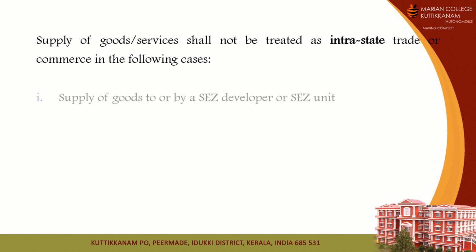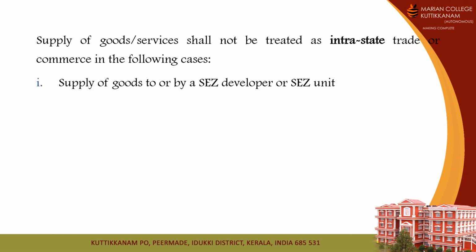The first case is supply of goods to or by a SEZ, that is Special Economic Zone Developer or Special Economic Zone Unit. In this case, it should not be treated as an intrastate trade or commerce.